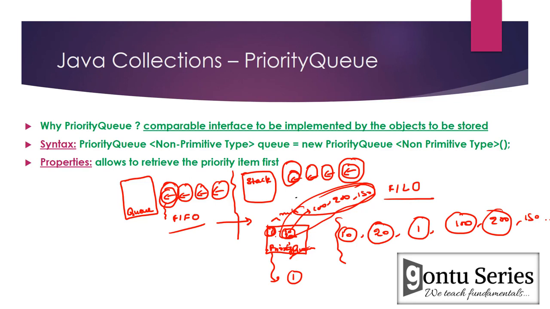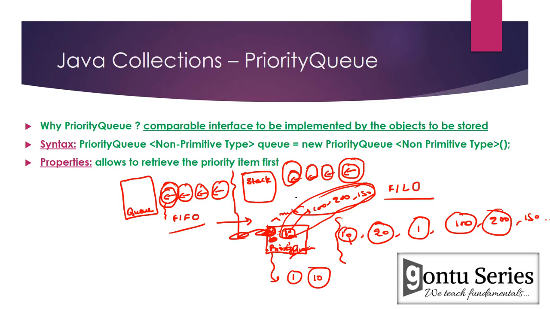Once you take out 1 from here, who is going to come to this position? Well, the second minimum element. Which is the second minimum element out of these? Well, the second one is 10. So it's now going to be occupied by 10. Whenever you try to remove anything from a priority queue, it's again going to allow you to retrieve the first element. This is how the queue works. So it's going to allow you to retrieve 10. And once you remove 10, which element is going to occupy this position?